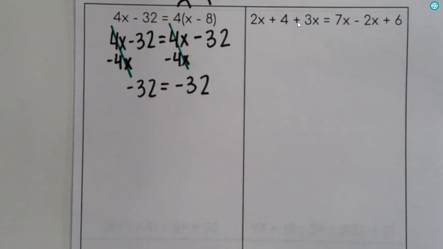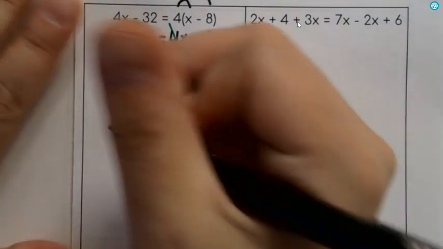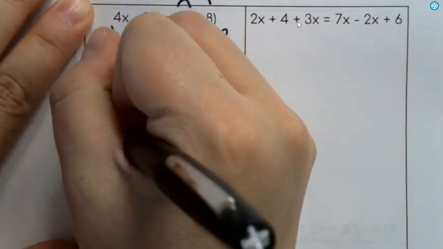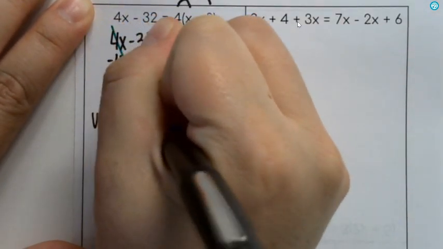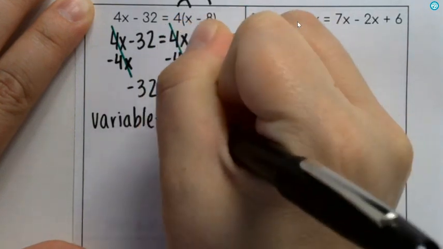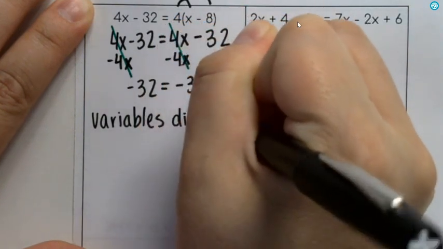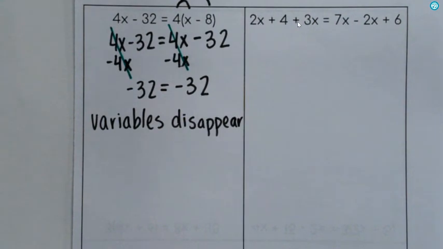Okay, so as we were solving, our x's completely canceled out. So I'm going to write down a couple notes to ourselves. The first thing I'm going to write down is that our variables disappear. That's what I like to call it. So our variables have disappeared, which is going to happen a lot today.